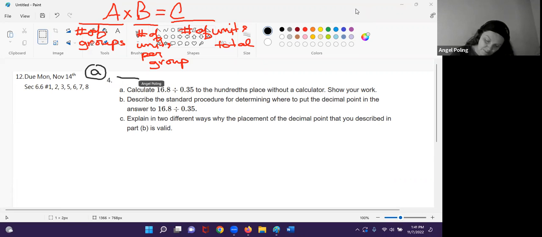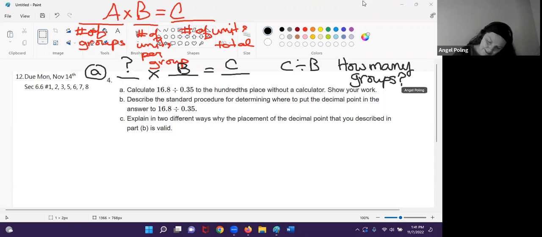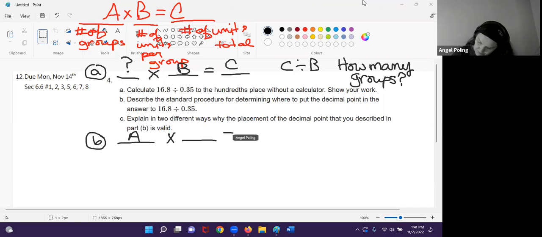One interpretation being how many groups, and the other being how many items in a group.